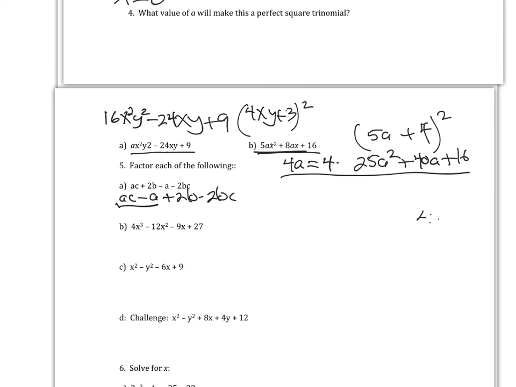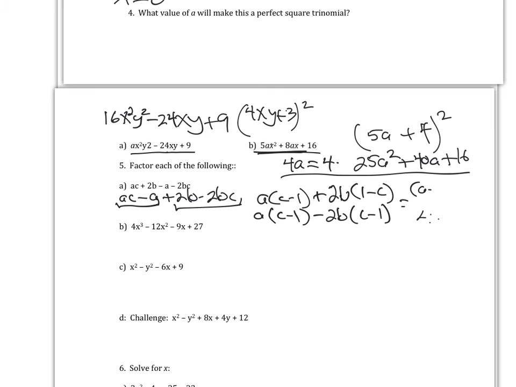And now factoring by grouping, we're going to get A times C minus 1 plus 2B times 1 minus C. And when we reverse that, we're going to get A times C minus 1 minus 2B times C minus 1, which is going to lead finally to a factorization of A minus 2B times C minus 1.